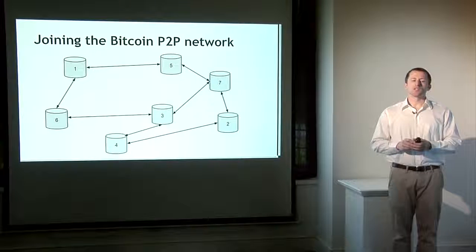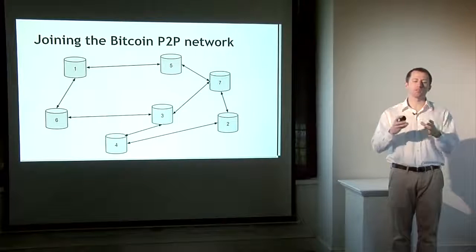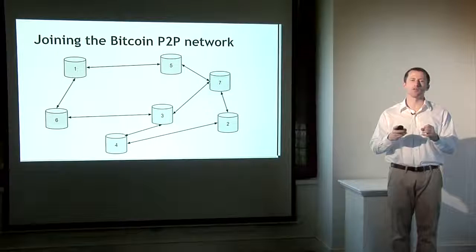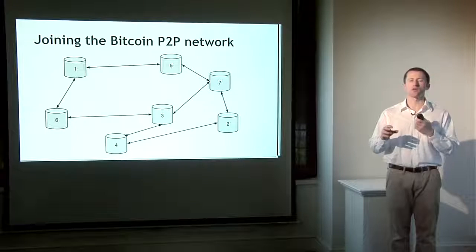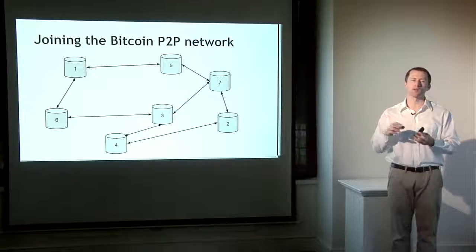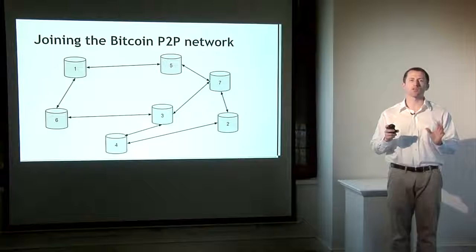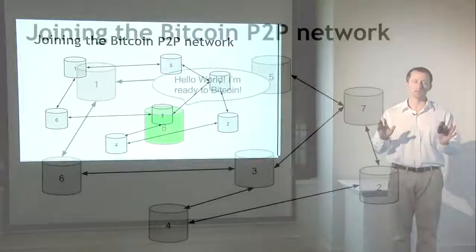So what does it mean that you can simply join the Bitcoin peer-to-peer network at any time? Well, this is a picture of the network at one moment in time, obviously scaled down quite a bit with just 7 nodes, but this is what it might look like, 7 nodes with all random connections to each other. And notice that the numbers are scattered around here because there's no geographic topology here. Networks connect to other nodes in a random fashion by design.